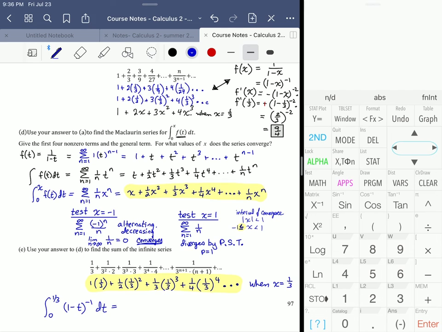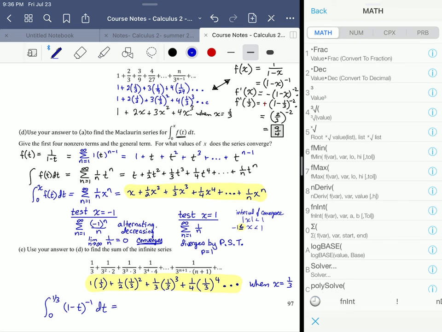And for that, it's up to you. You could do it right in a calculator. It's a definite integral. Or you could do it by hand. Either way. If you do it by hand, it's a little bit of a baby chain rule situation, but that's up to you.